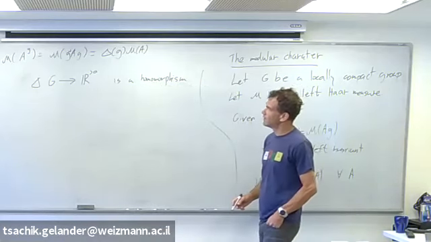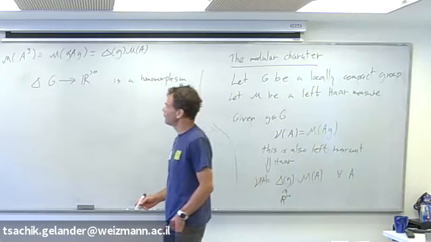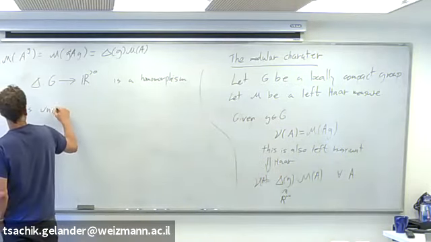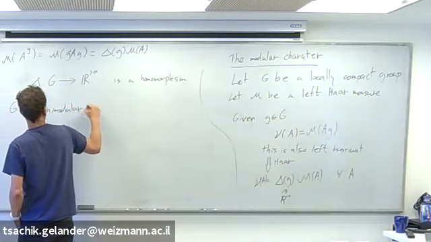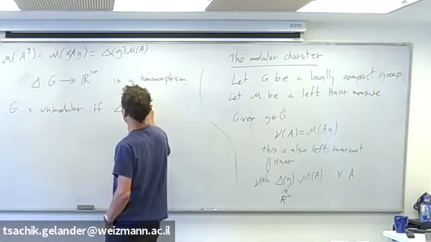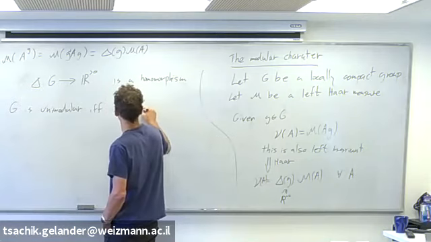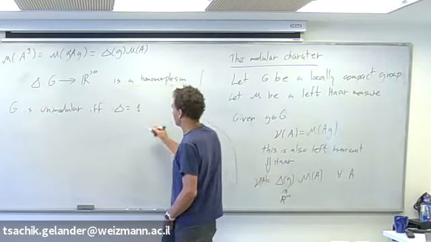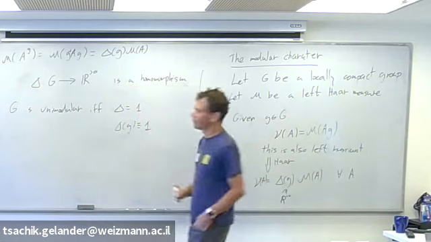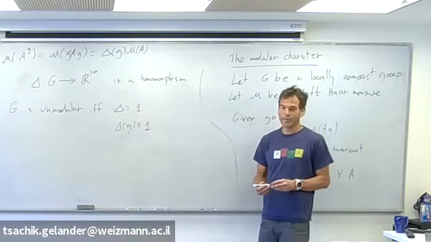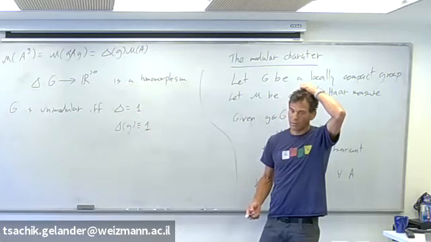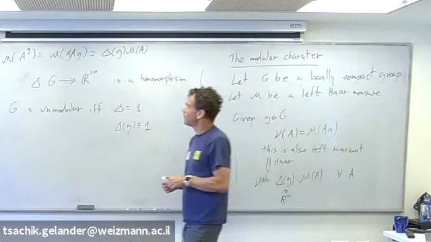And G is unimodular if and only if delta is trivial, that is, delta of g is always 1.